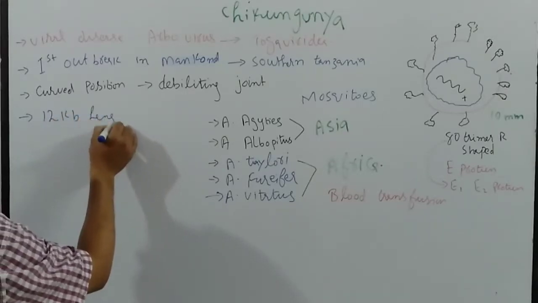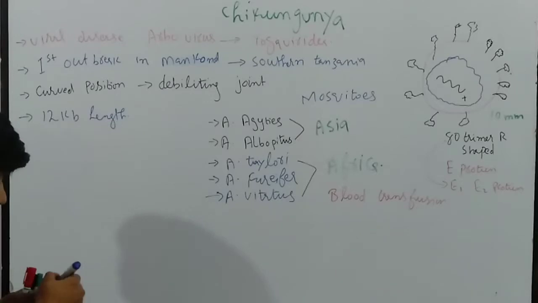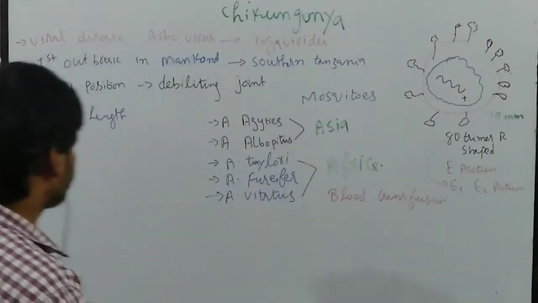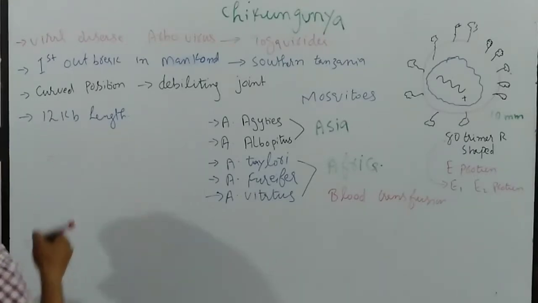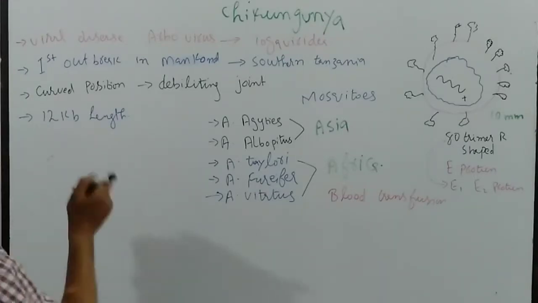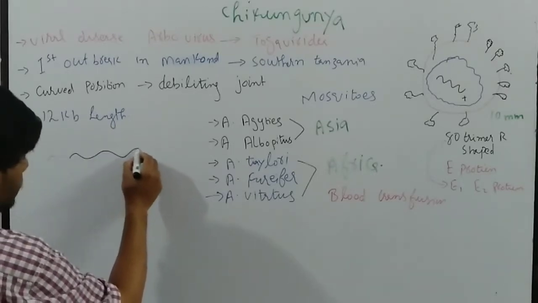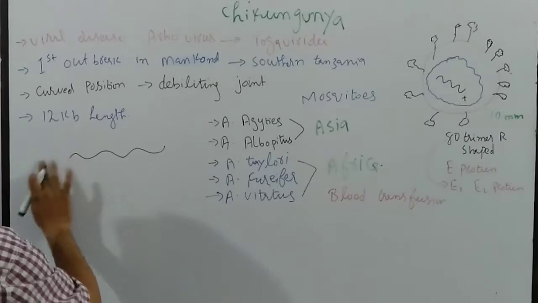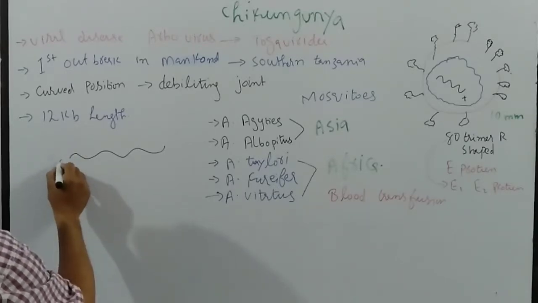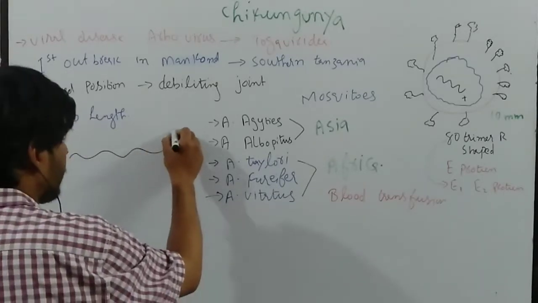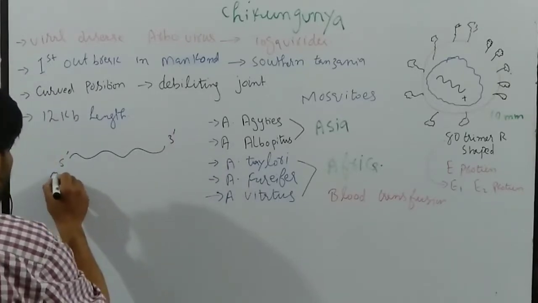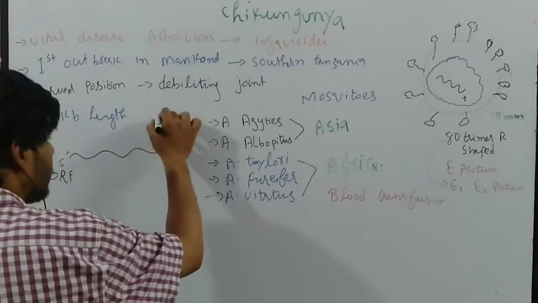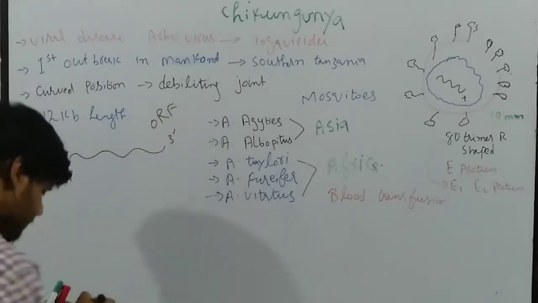The genome has two open reading frames: the 5' open reading frame and the 3' open reading frame.